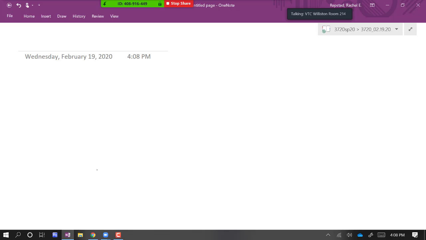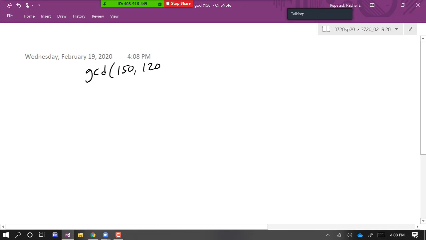I hope this is not going to be long and awful. So we can find it by using the division algorithm over and over again. This is what I hope is a short process. So 120 goes into 150 once plus 30, right? Oh, this will probably actually be really nice.